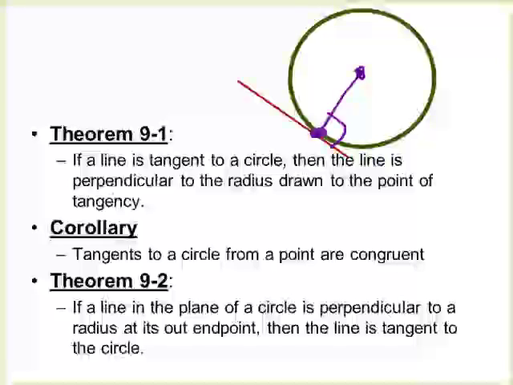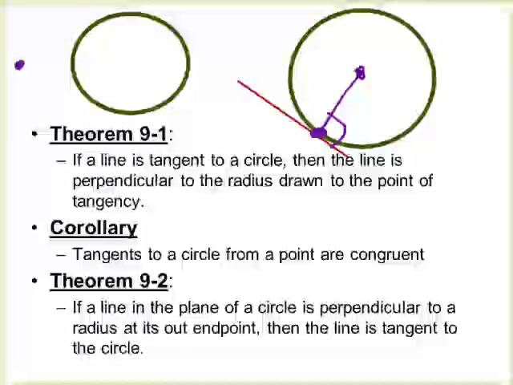A corollary to that says that if I have a circle, and to that circle I draw more than one tangent from a point that is outside of the circle, so if I draw in a tangent above and a tangent below, this is the corollary.